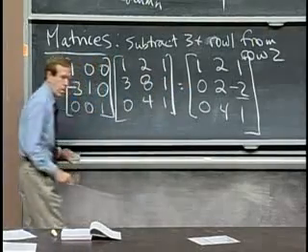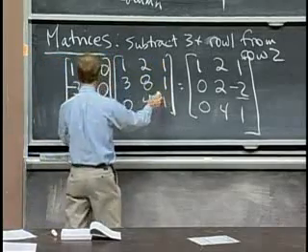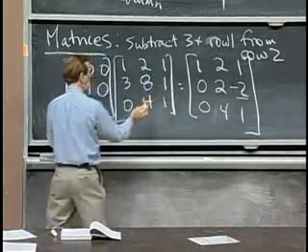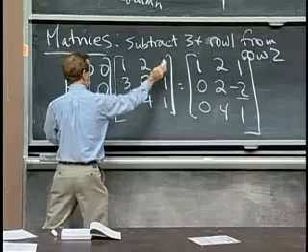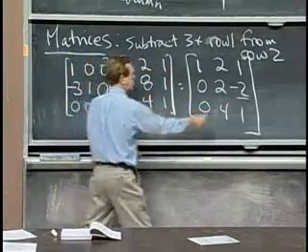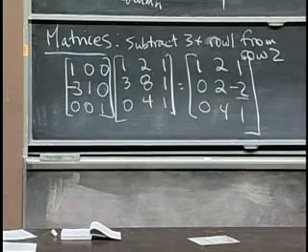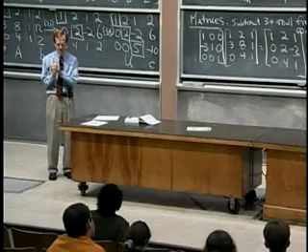I take this dot product, -3 plus 1 and 0, and it gives -2. Yeah, it works.